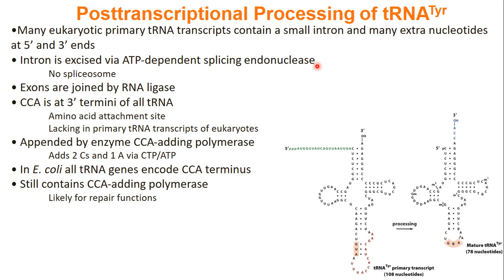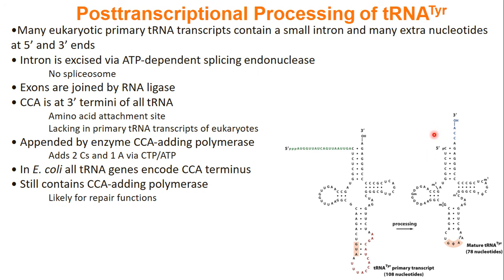The intron, interestingly enough, does not use a spliceosome, but we need an actual protein that uses ATP. So we have an ATP-dependent splicing endonuclease that will take care of our intron for us. Then we need to join our exons by ligase. So you can see tRNA is different than the rRNAs and mRNA introns we talked about earlier.